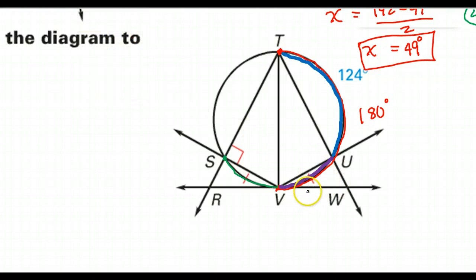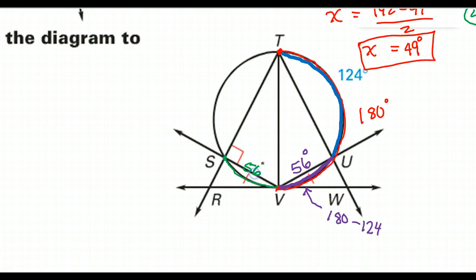If you want to find the purple arc right here, you do the whole 180 degrees, which is the entire semicircle, minus the 124 part that we have. That should give you this purple piece that's left over. So that turns out to be 56 degrees, which means in turn that the green arc is also 56 degrees because they're the same.